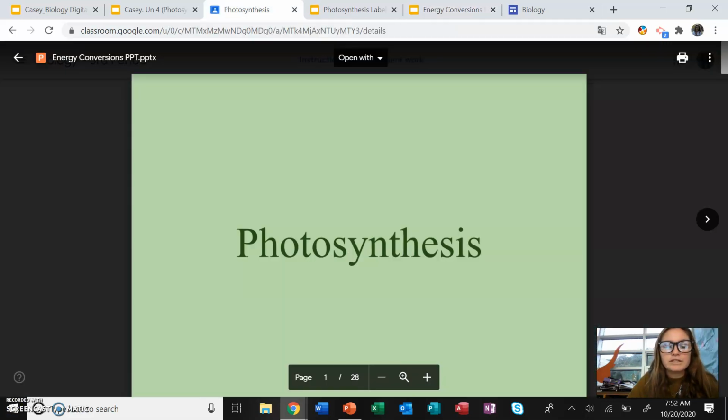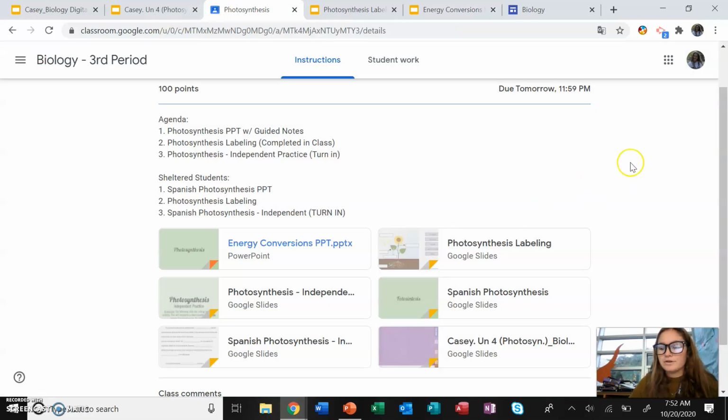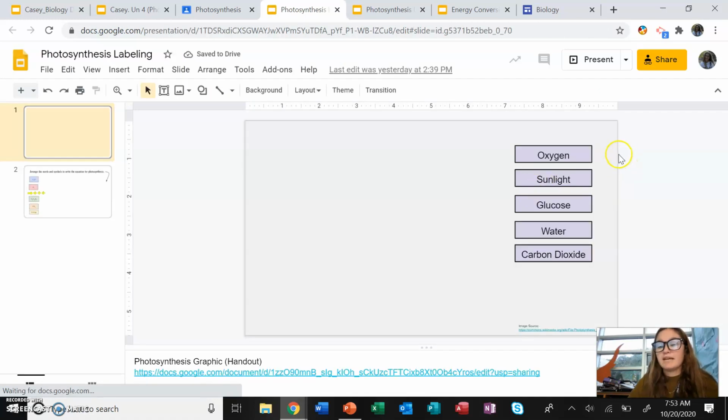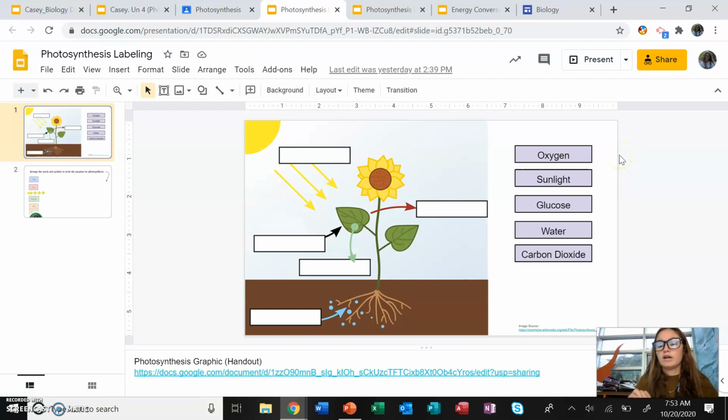Now I'm going to direct you back to Google Classroom, and I would like you to begin working on the photosynthesis labeling. It is the same for both English and Spanish, because there are quick, short terms, and they have a lot of visuals involved. The first thing I need you to do is a drag and drop. So drag the correct term into the correct area.